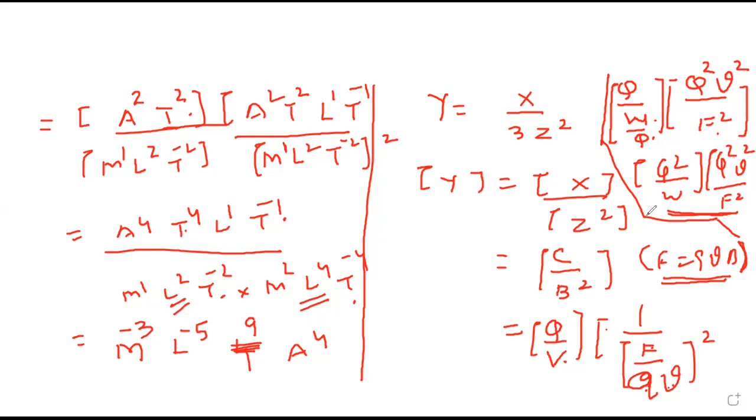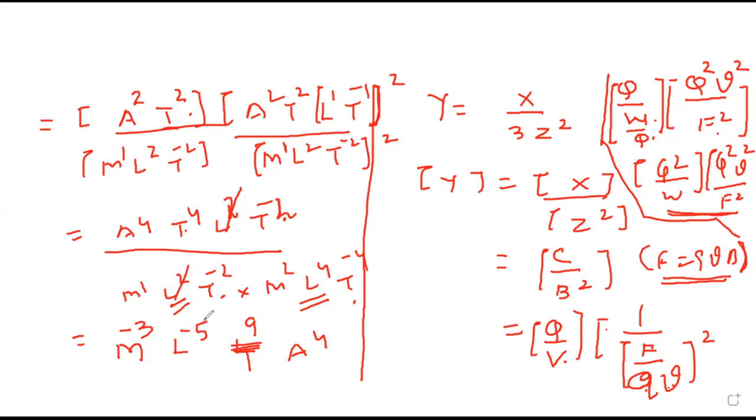Let's see again. Z is induction, that is B, which is F upon QV. QV went up upon F. So we got A square T square, A square T square. Oh, this was V square, I wrote only V. Got the mistake? Yes, sir, this is square. So it will become A4 T4, L2 T minus 2. Now we get L2, L2 I can cancel.